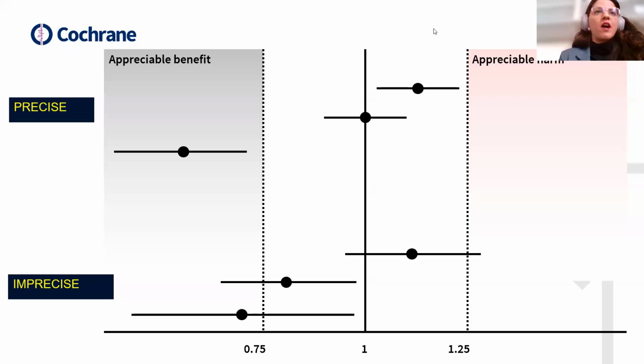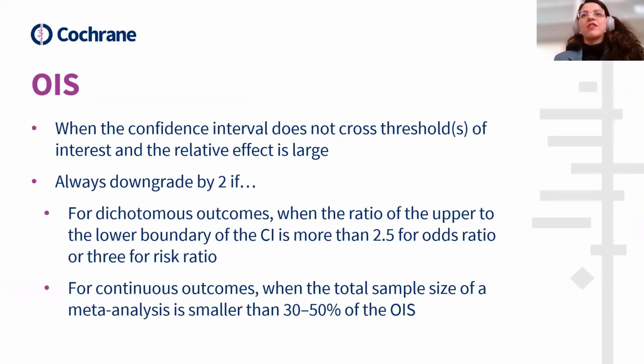Okay. I also have a question, Leslie. I was wondering about these large effects for the OIS. When do you consider an effect large? I'm not quite sure. When do we think that actually an effect estimate is considered large?